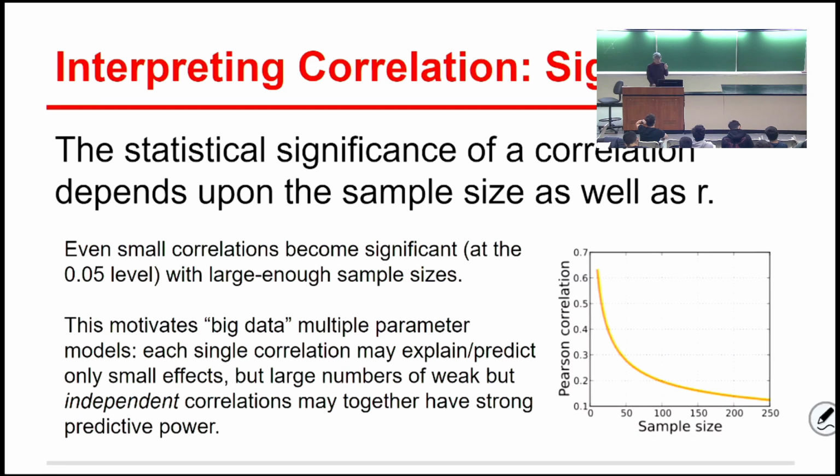The question is, does a correlation you observe represent a real relationship between the variables, or might it happen by chance?